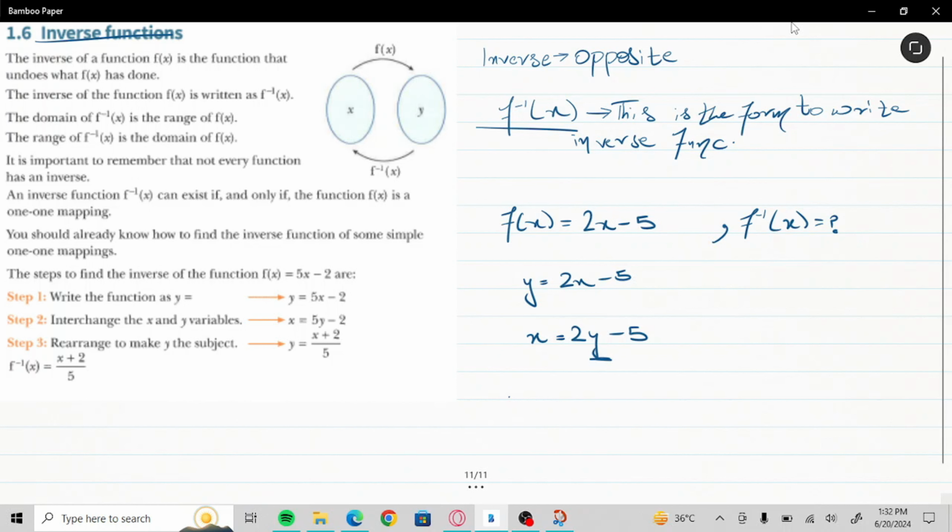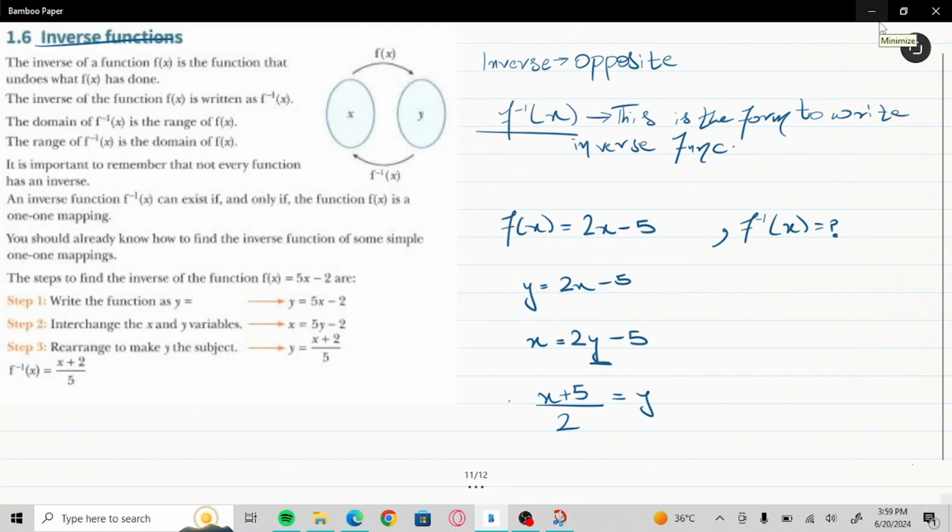So x plus 5 divided by 2 is equal to y. That means the inverse function f inverse of x is equal to (x plus 5) upon 2.